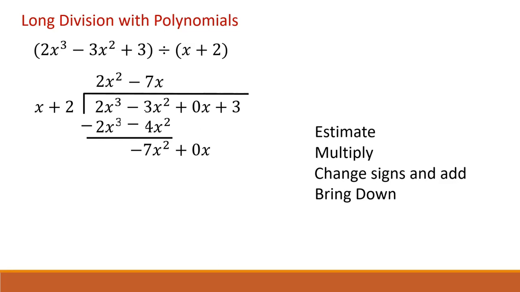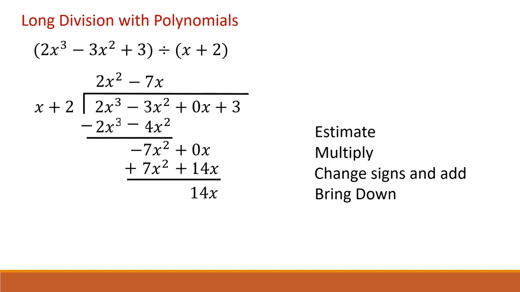Next step is multiply, so negative 7x times x plus 2 is negative 7x squared minus 14x. The next step is change the signs and add. So negative 7x squared minus 14x becomes positive 7x squared plus 14x, and when we add, we get 14x.